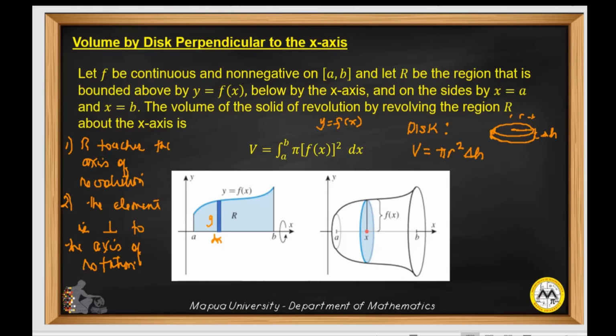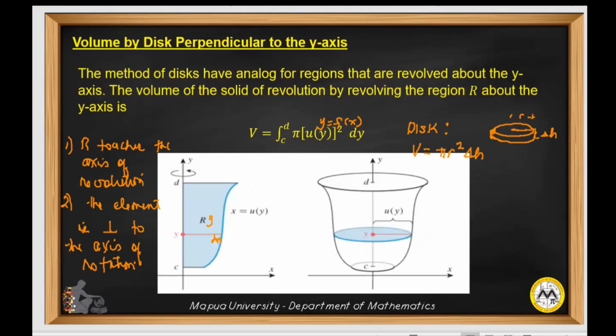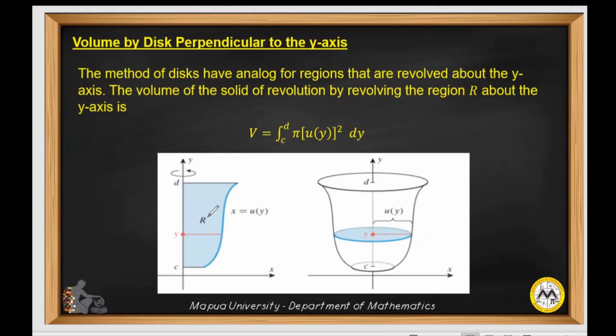Now, on the other hand, if we consider the axis of revolution this time as the y-axis, then we use again this method. We have this region R bounded on the right by x equal to a function of y, and on the left by the y-axis, below by y equal to c, and above by y equal to d.